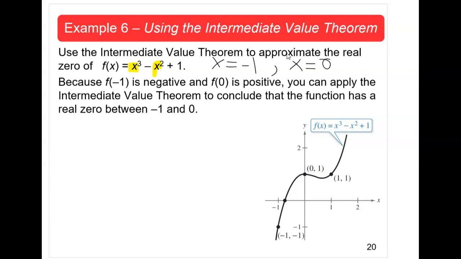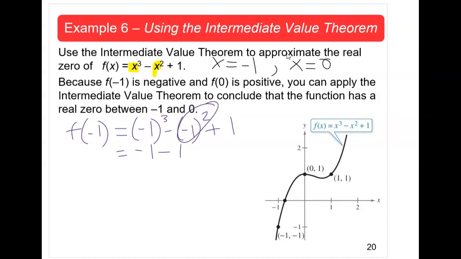So let's go ahead and start with those substitutions. So we have f of -1. It's going to give me -1 to the third power minus -1 to the second power plus 1. So this will be -1 minus, and then from here I get +1, but I had a minus here already, and then plus 1. So this is going to be -1.